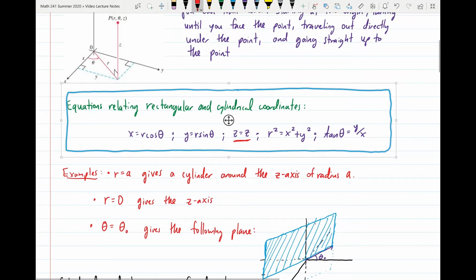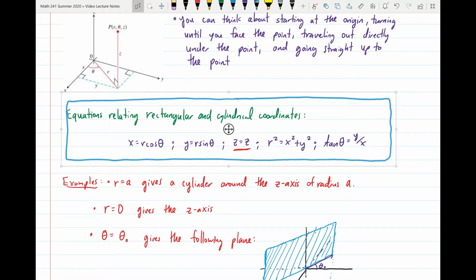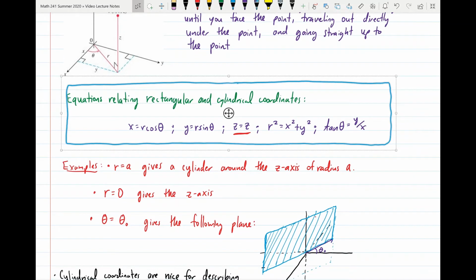So in cylindrical coordinates, z is still just a rectangular coordinate. But we do have x is equal to r times cosine theta, y is equal to r times sine theta. We still have r squared is equal to x squared plus y squared, and we still have tangent theta is equal to y divided by x.